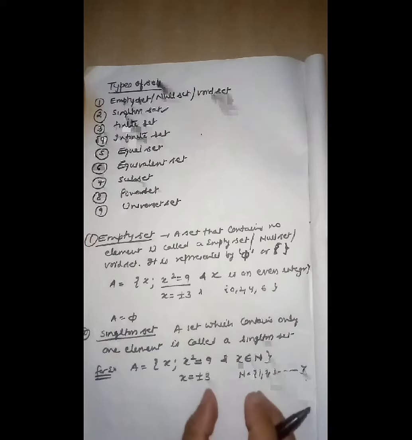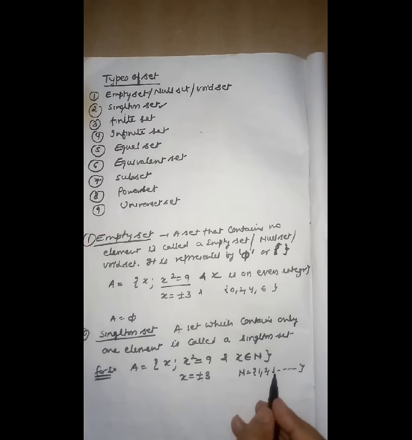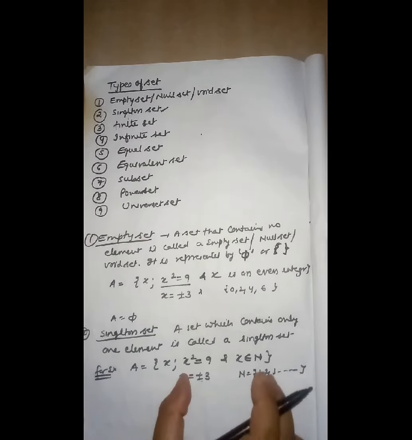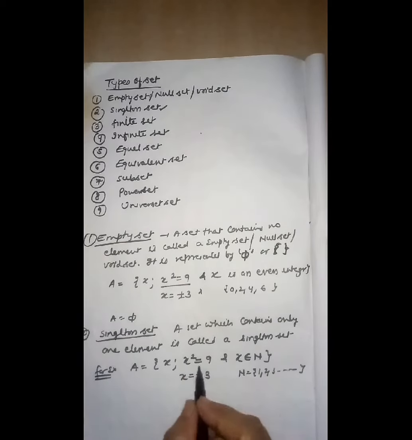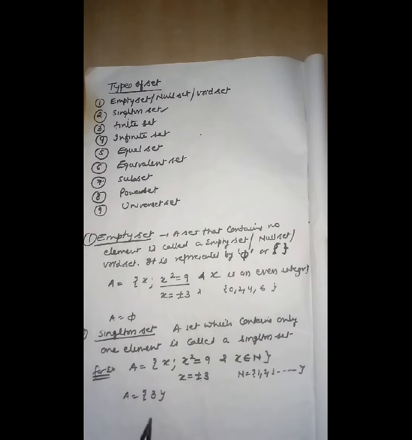So from both conditions, you find plus minus 3 in one and only plus 3 in the other. It means you get only one value which follows both conditions. So the roster form is 3, and this set has only one single element. It means this set is known as a singleton set. Right friend?